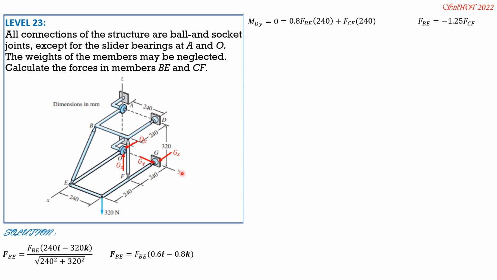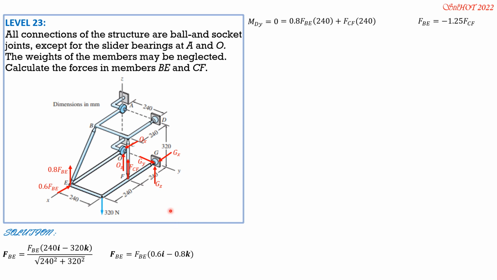At G, we have GX, GY, and GZ. And let's transmit the components. So remember, it was tension, so 0.6 FBE will now be rightward and upward, 0.8 FBE. Then CF will now be upward, FCF.